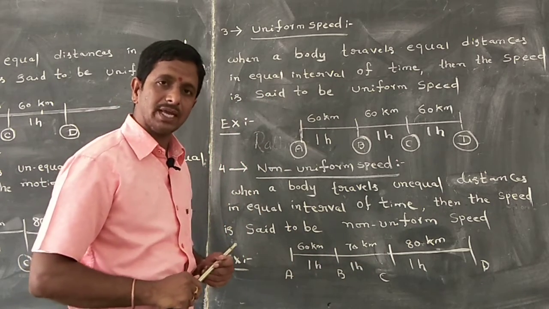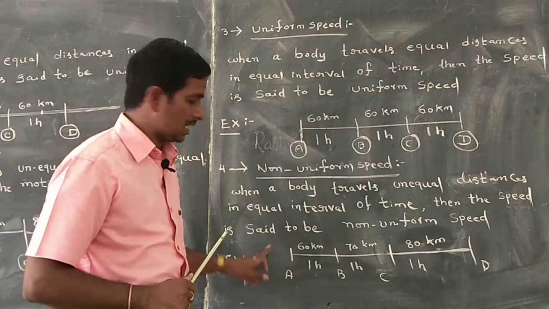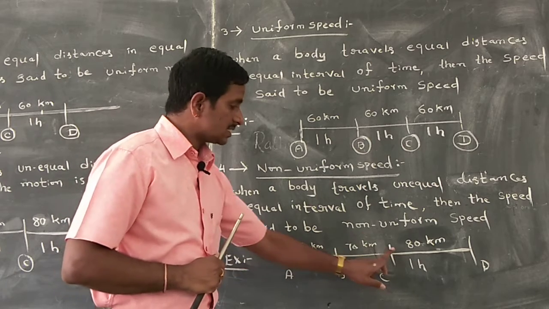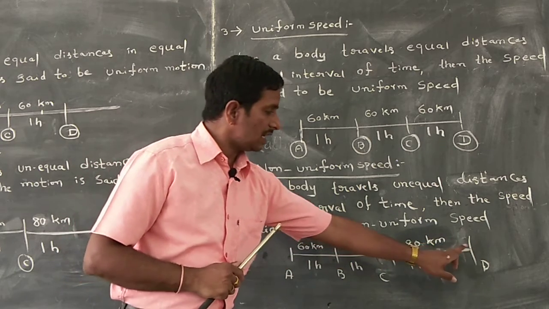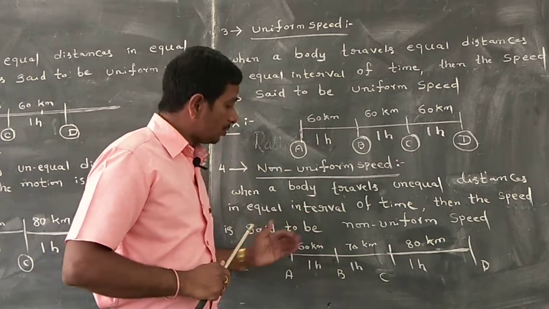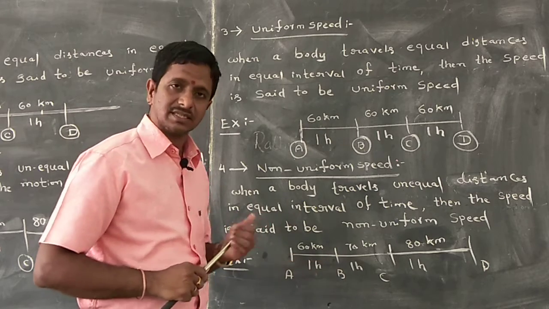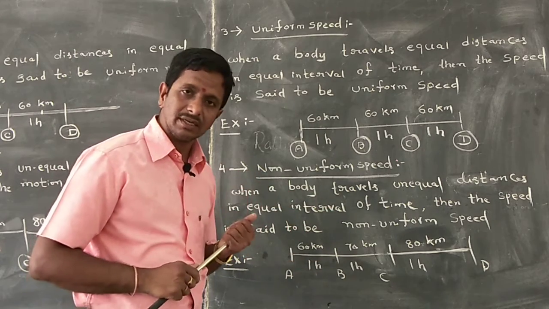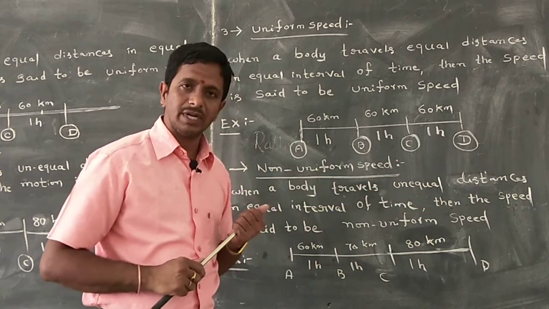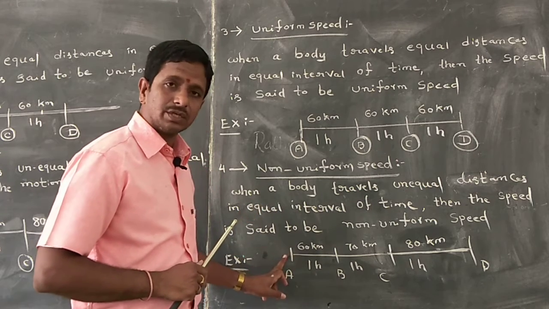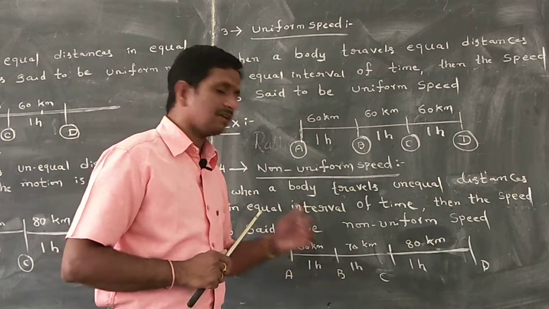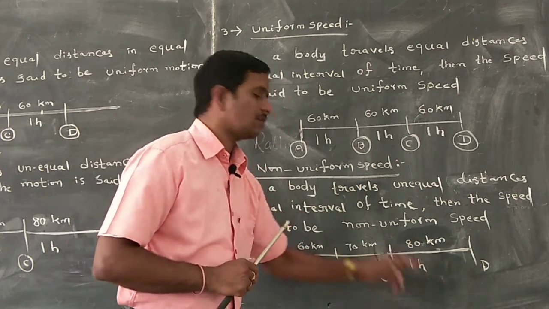Example, a body started its journey at A. During its journey, it covers B and C points. Finally, it stopped at or reached D. During its journey, it covered distances of 60 kilometers, 70 kilometers and 80 kilometers. But it took a time from A to B 1 hour, from B to C 1 hour, from C to D 1 hour.